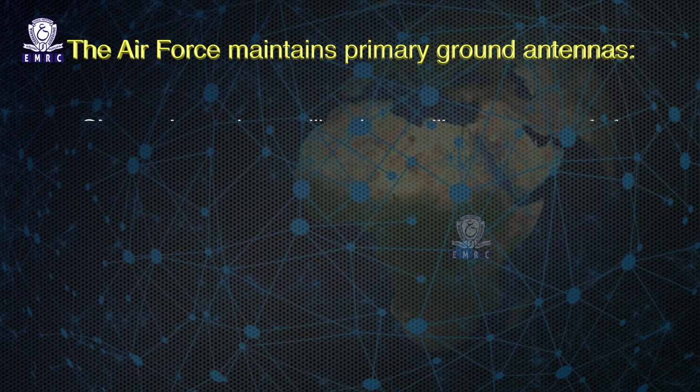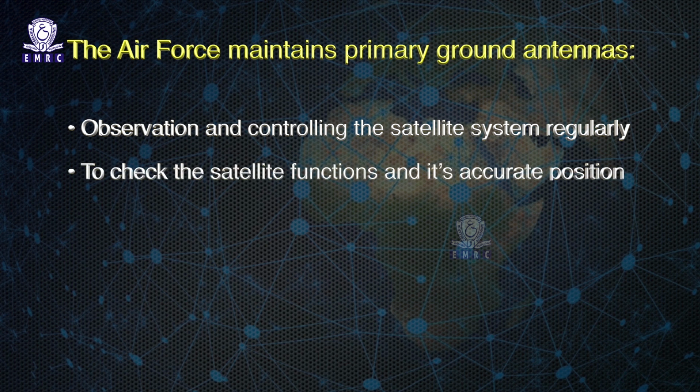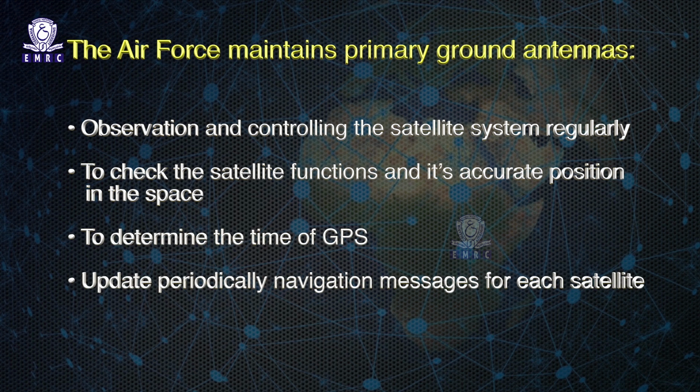In addition, the Air Force maintains 3 primary ground antennas located more or less equidistant around the equator. They observe and control the satellite system regularly to check the satellite functions and accurate position in space, to determine the time of GPS, and to update navigation messages periodically for each satellite.